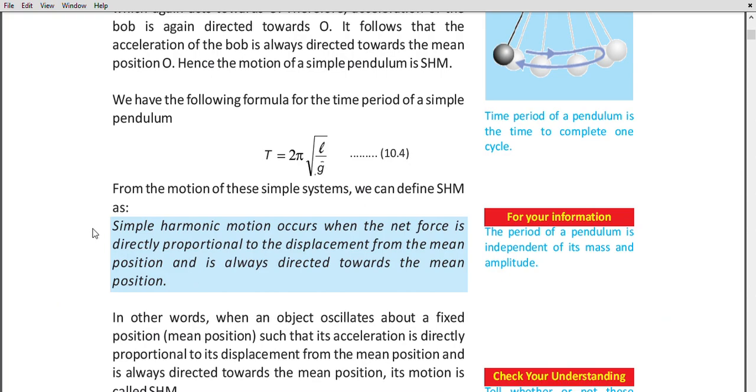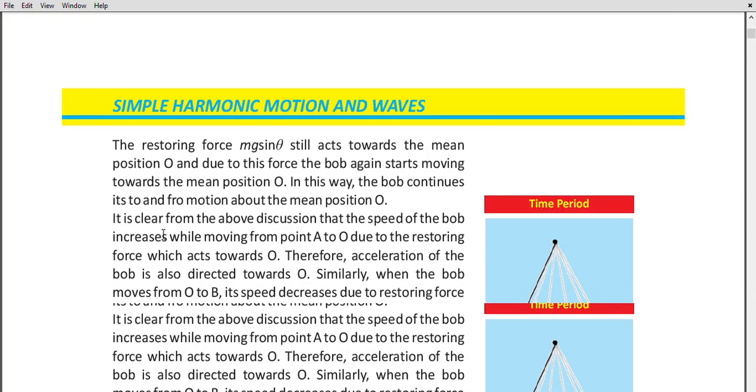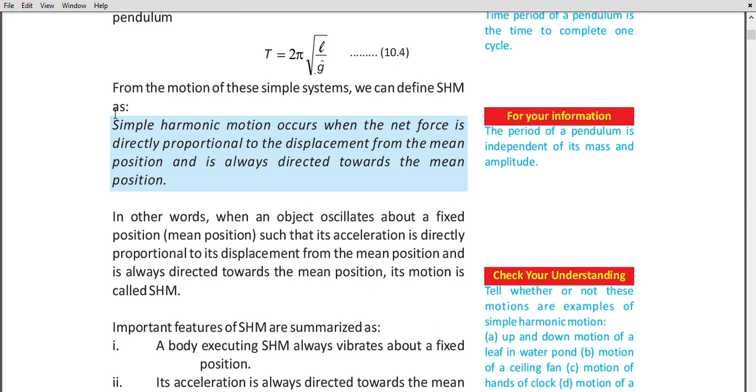So on page number 5, the definition of simple harmonic motion is given. First we'll try to understand the definition, and then we'll discuss its examples.